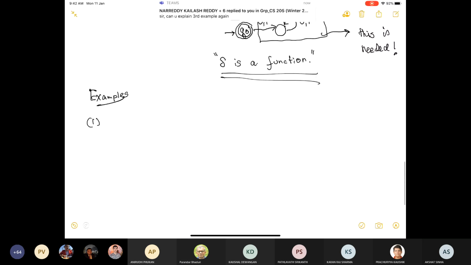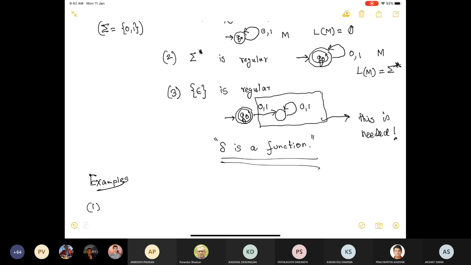Okay. This particular machine accepts the empty string because delta hat of q naught and epsilon is q naught, which belongs to F, right?